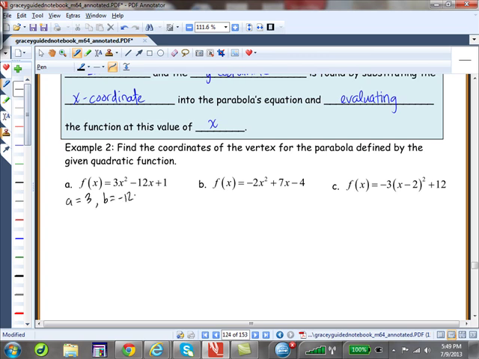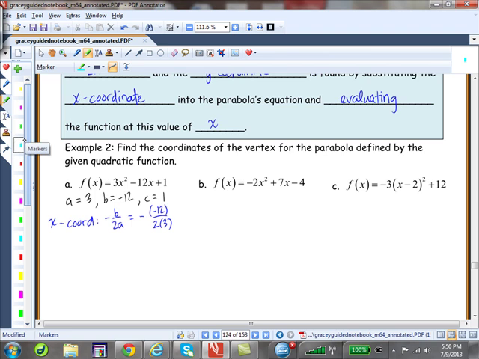B is negative 12, just like when we use the quadratic formula. And C is positive 1. So the x-coordinate is negative b over 2a, which is negative 12 over 2 times 3.